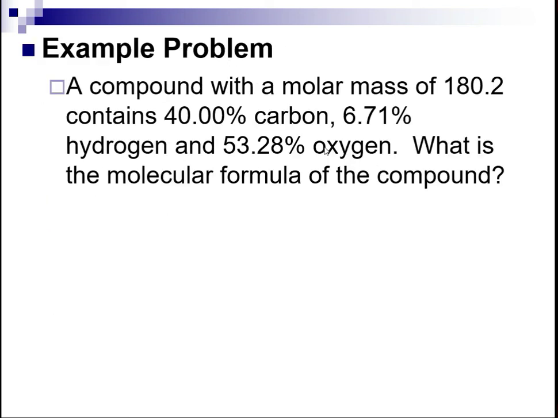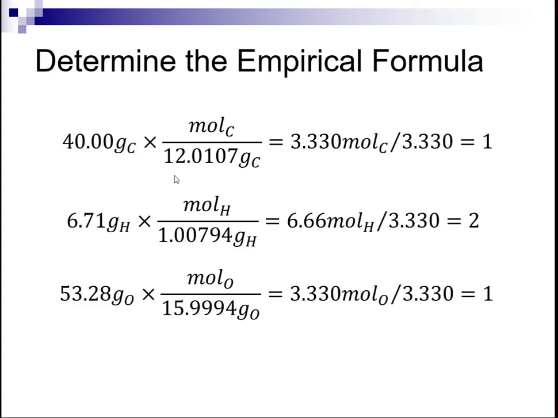So, first step, 40% carbon, 6.71% hydrogen, 53.28% oxygen. What's the empirical formula? So, real quick, take the masses, divide by the atomic masses, get a number of moles, divide through by the smallest, and get a ratio. The ratio is 1 carbon, 2 hydrogens, 1 oxygen.